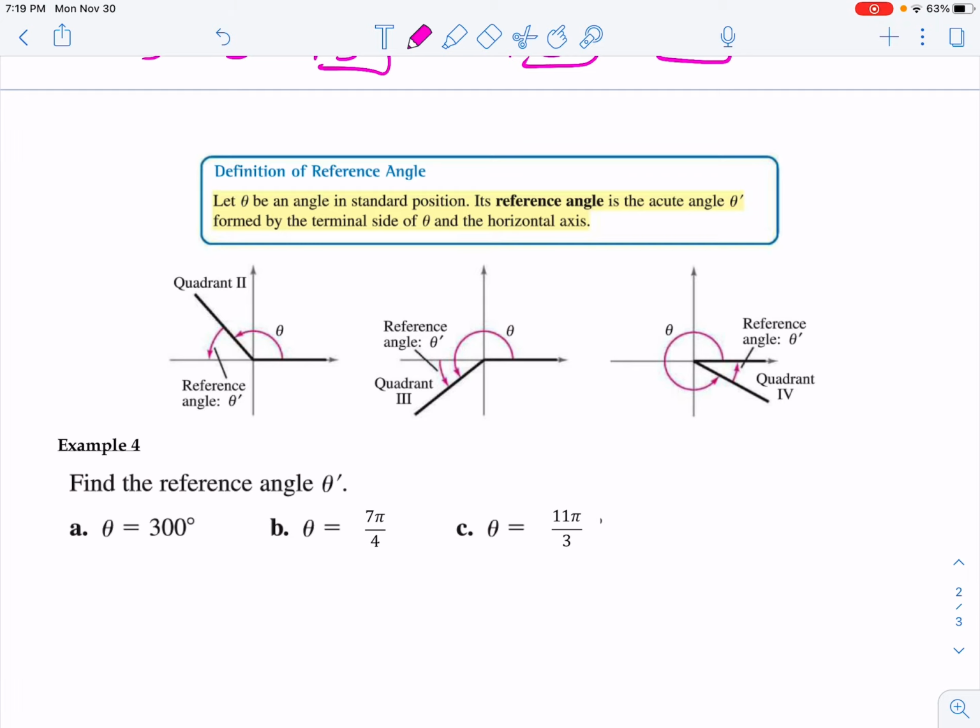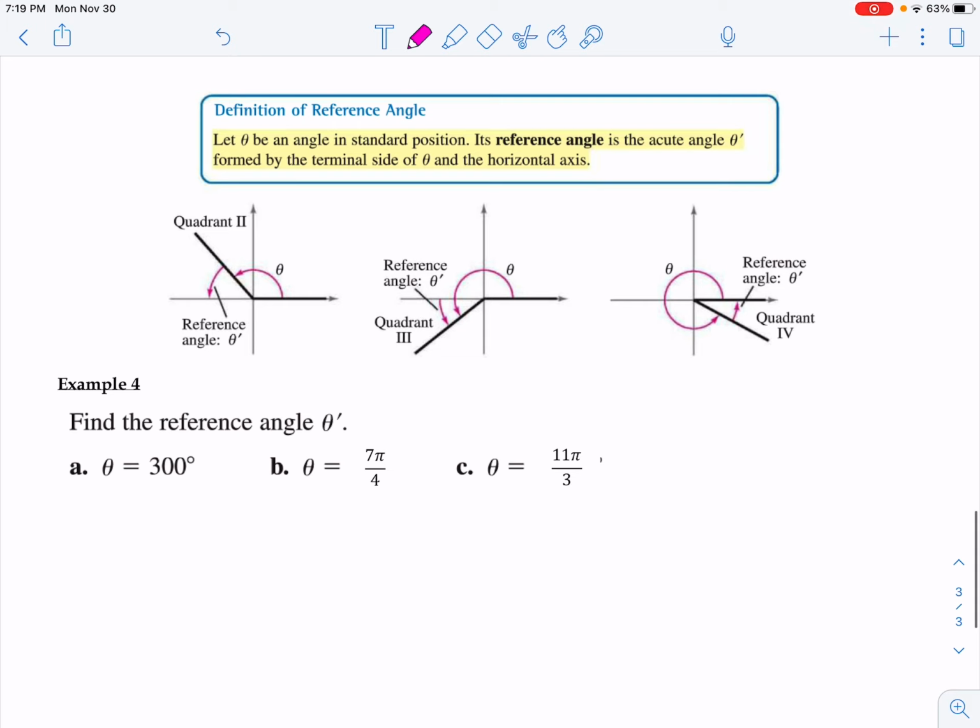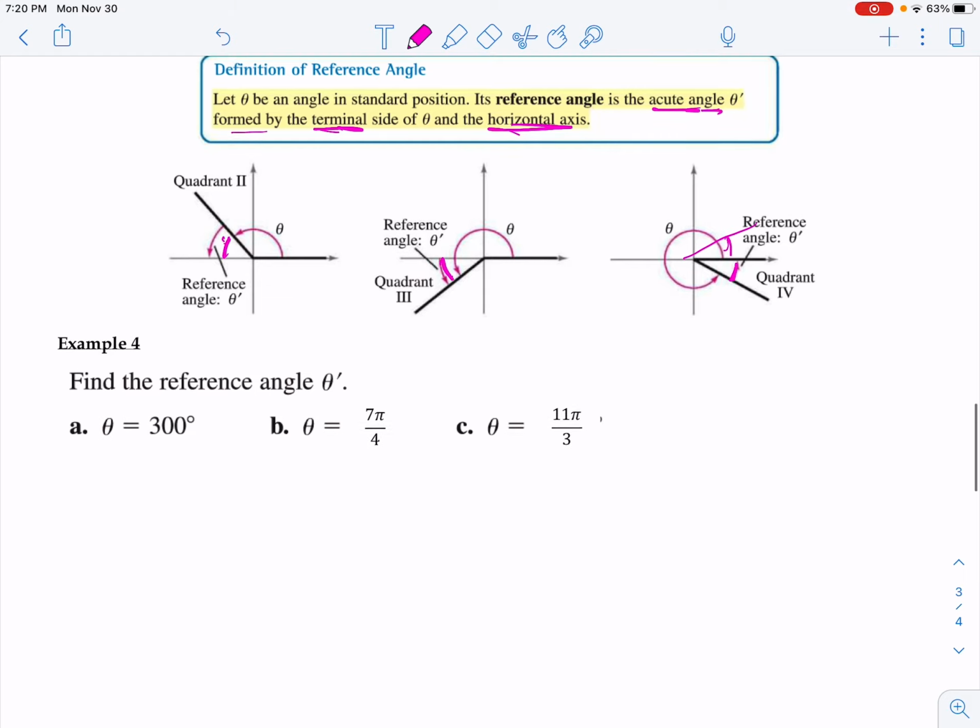All right, a reference angle. The reference angle is the acute angle formed by the terminal side and the horizontal axis. So it's here, it's here, it's here, or in this quadrant, it's here. All right? It's always the distance away from the x-axis, and it's always absolute value.